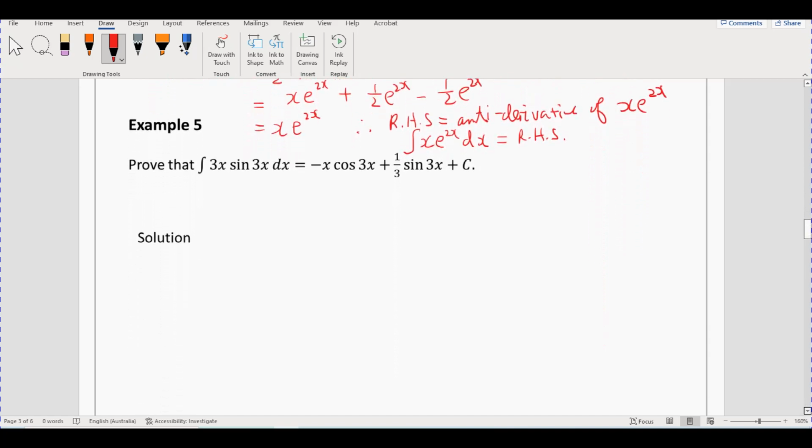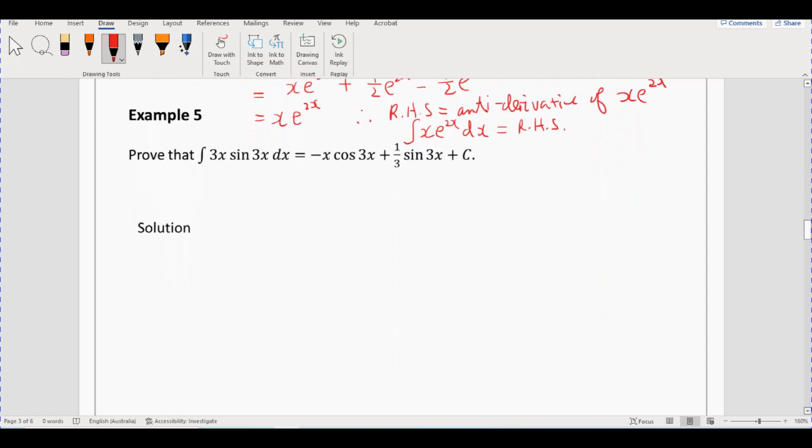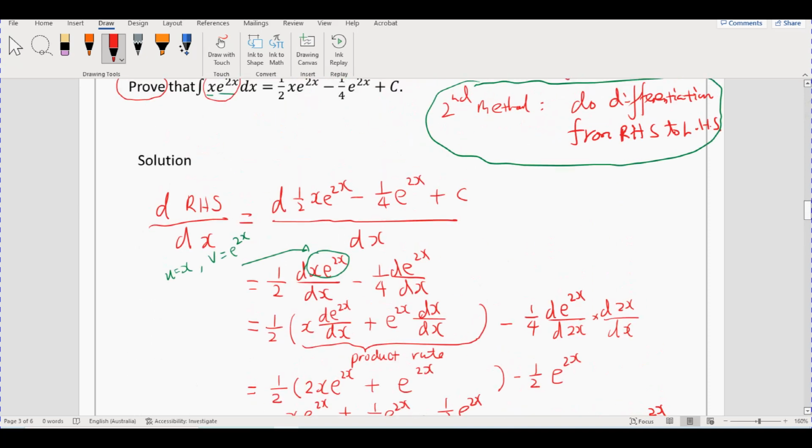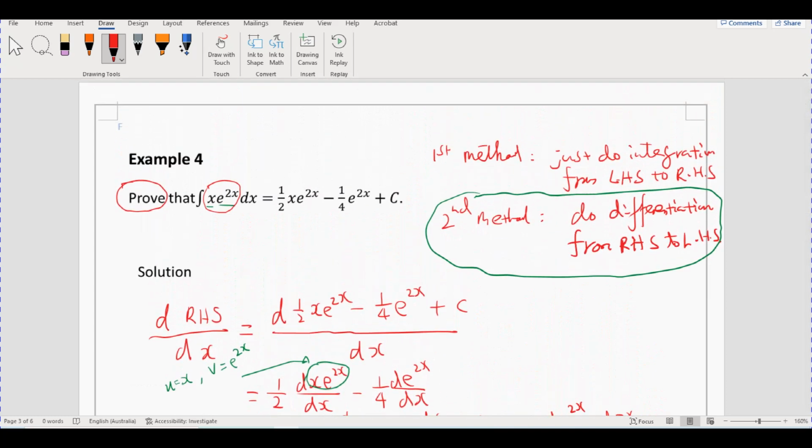Right, so for example 5, it's trigonometry functions. All right, so again, you have left hand side, you have right hand side. Let me remind you, you can always think about whether we should go from left to right or right to left.